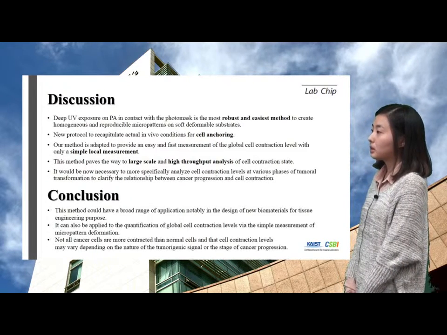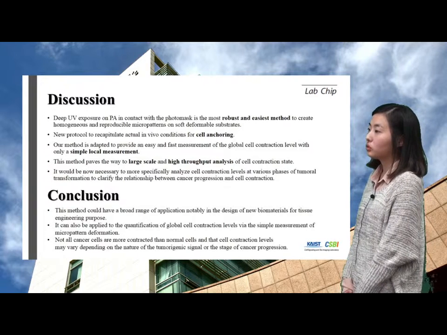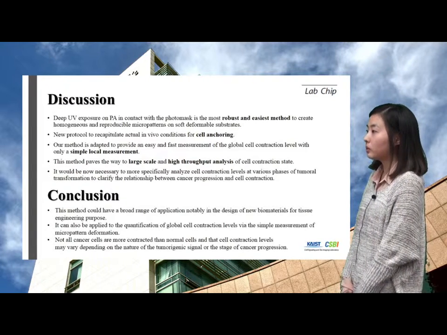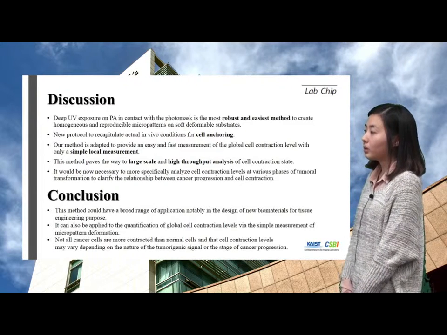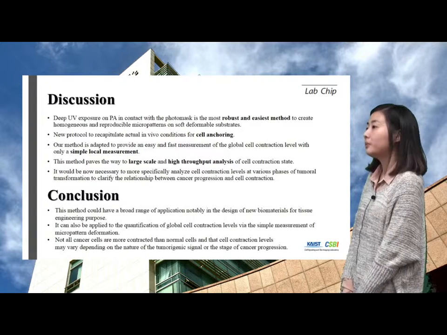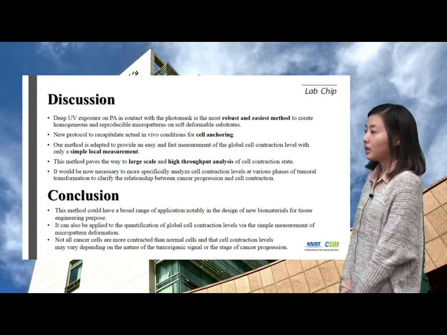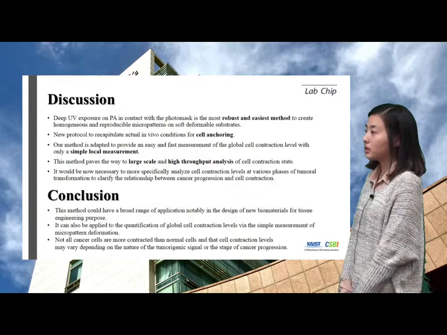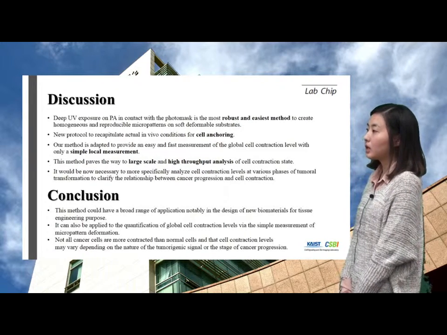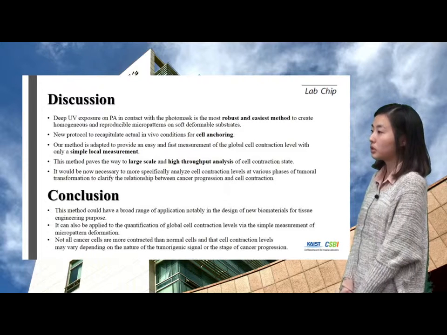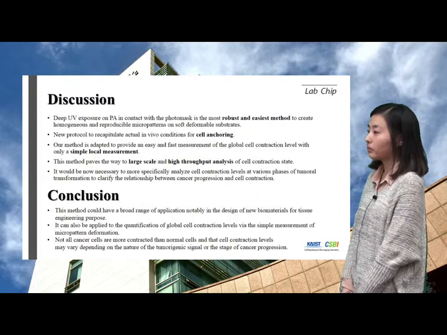In other words, this method paved the way to large-scale and high-throughput analysis of cell contraction states. It would now be necessary to more specifically analyze cell contraction levels at various phases of tumoral transformation to clarify the relationship between cancer progression and cell contraction.